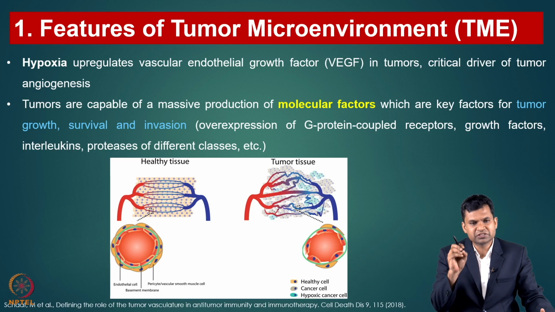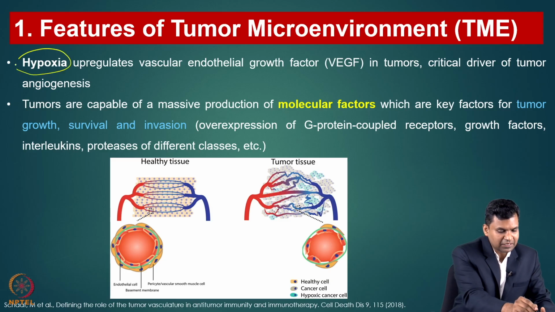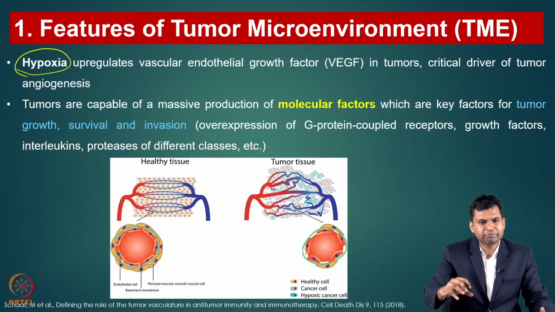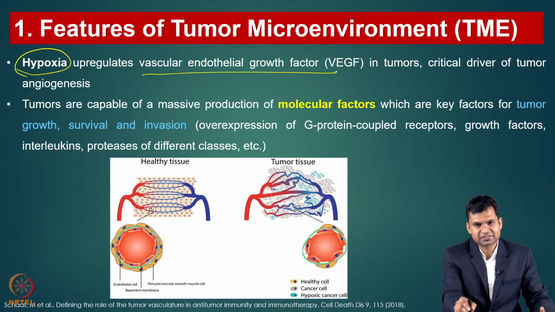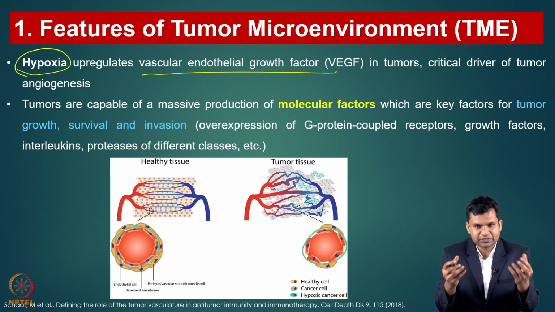Now, here we are going to see one aspect of new blood vessel formation. As I mentioned, hypoxia, the lack of oxygen at the site of the cancer cells, upregulates a pathway for new blood vessels. Vascular endothelial growth factor helps form the new blood vessels that lead to angiogenesis.